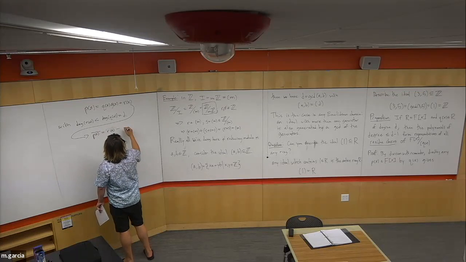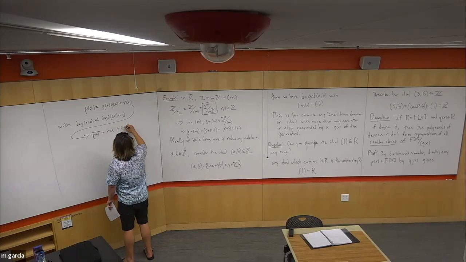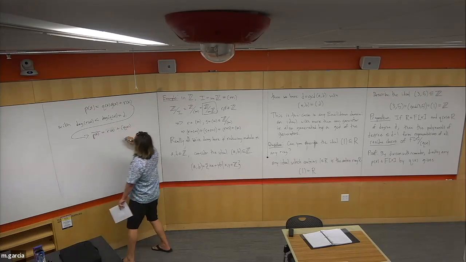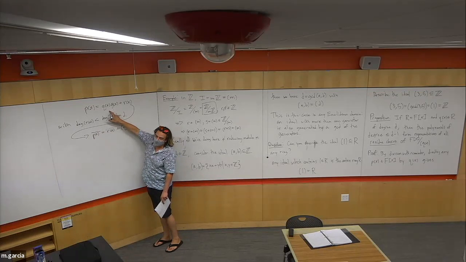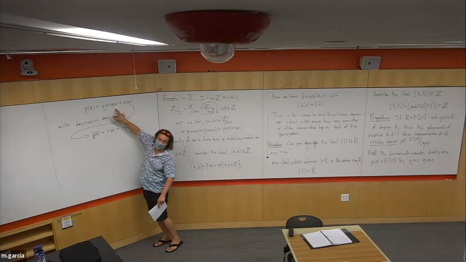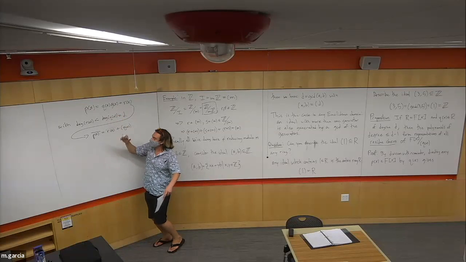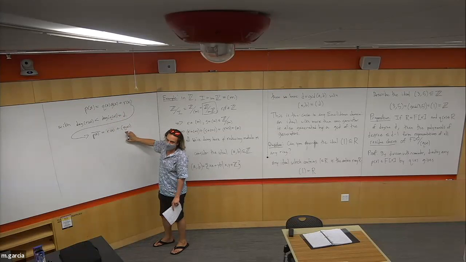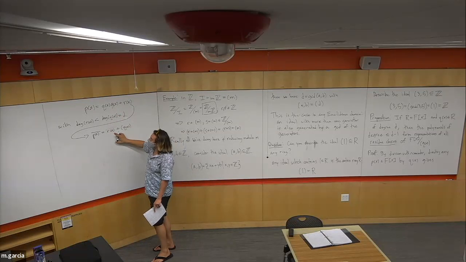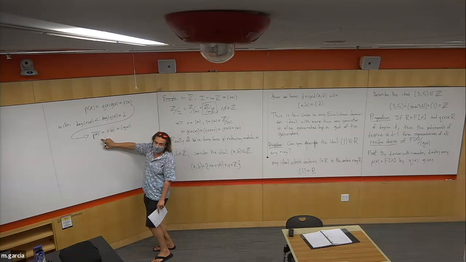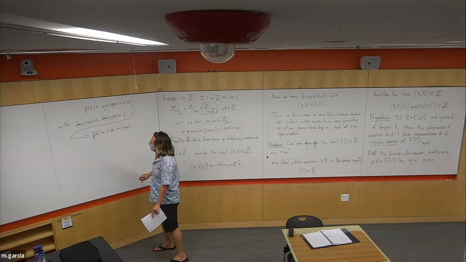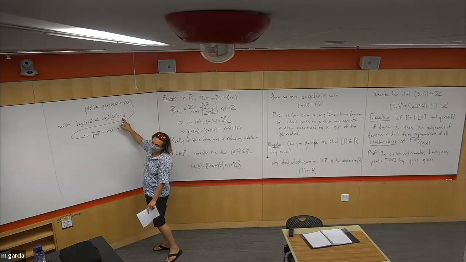R of X plus something in the ideal generated by Q, right? I have Q of X times some polynomial in F adjoin X, right? So this is just some element in this ideal. And so R of X is a representative for the residue class of P of X bar, right? Which has degree strictly less than D. Okay.